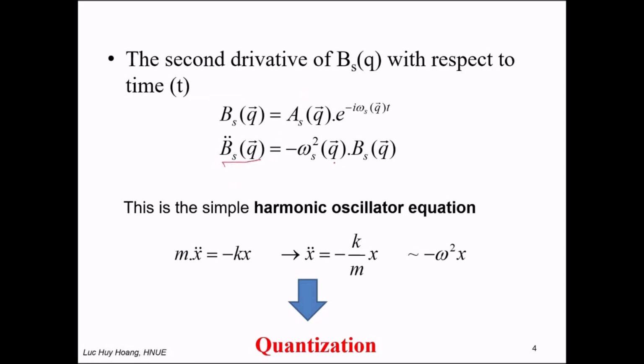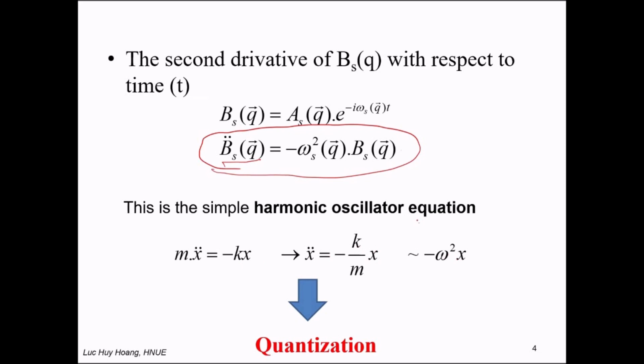Đạo hàm bậc 2 của b_sq sẽ bằng trừ omega bình phương nhân b_sq. Thế các bạn thấy phương trình này không ạ? Như vậy thì b_sq này đối xử không khác gì với dao động điều hòa cả. Thấy không ạ? m x hai chấm bằng trừ kx, x hai chấm bằng trừ omega bình phương x.